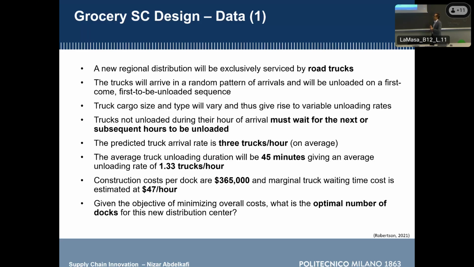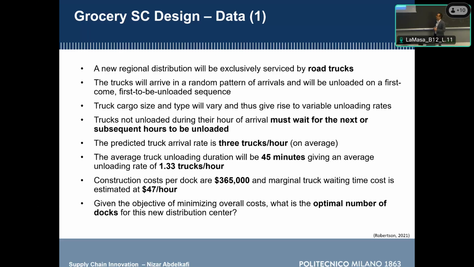The construction cost per dock is $365,000, so per one single dock. And the marginal truck waiting time cost is estimated at $47 per hour. So for having one dock, you have to pay $365,000, and so on for two. This is the data that we have. It could be another formula, but it is not very important here because we could manage very easily.